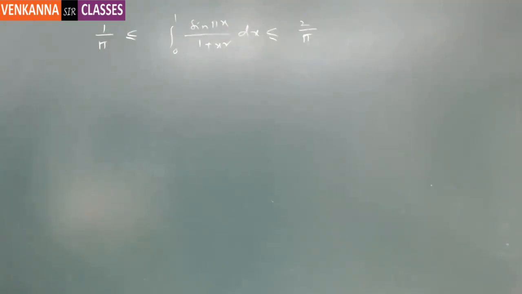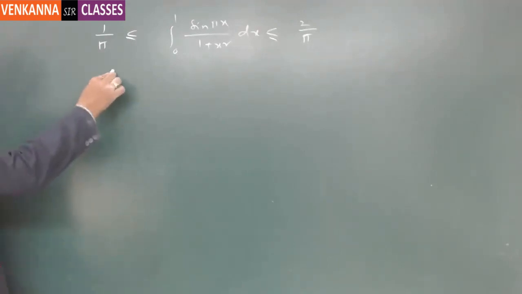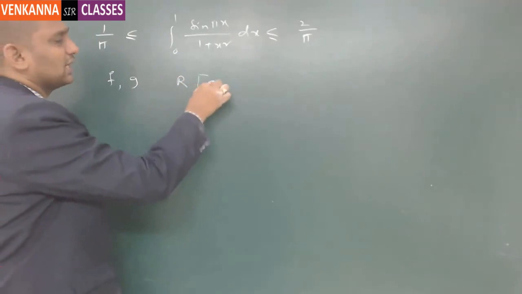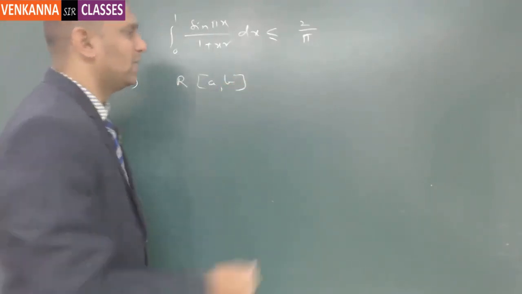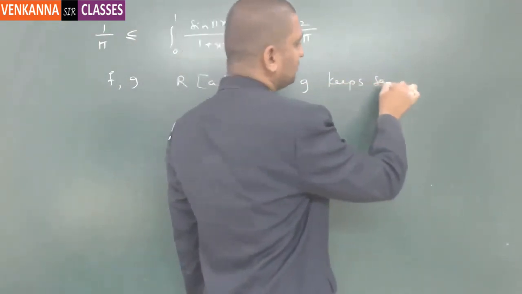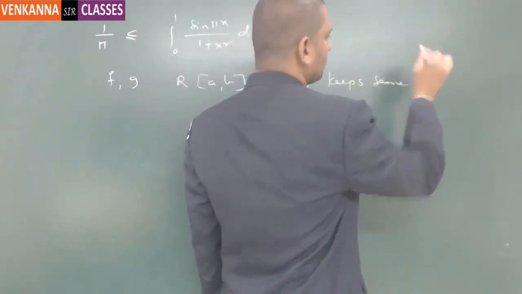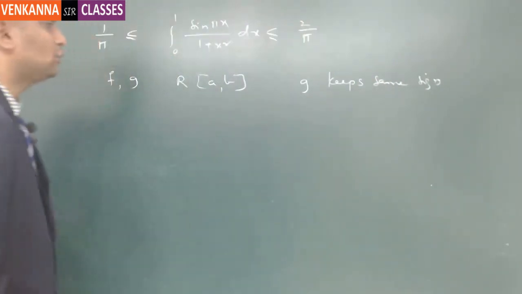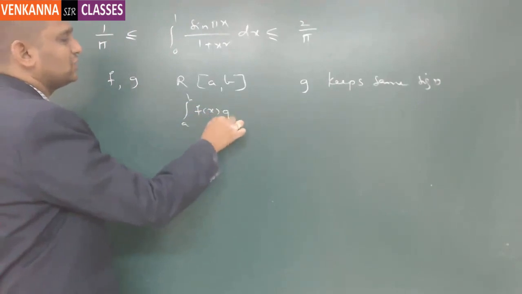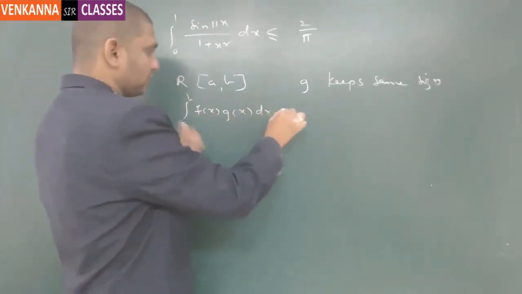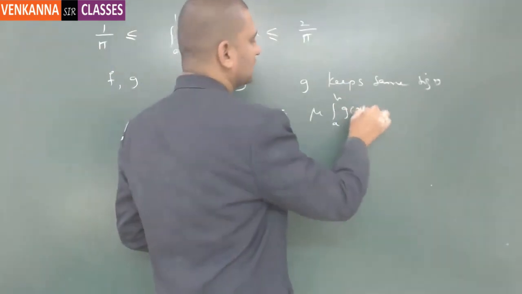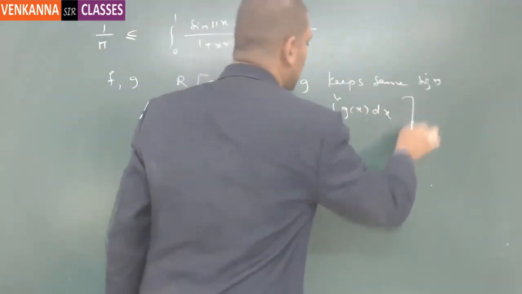And if you look at the statement, the criteria is you should have two functions which are Riemann integrable on closed [a, b], and one function keeps the same sign, and later you should have the condition that integral a to b f of x into g of x dx is equal to mu into integral a to b g of x dx. This is the statement which I have given earlier.